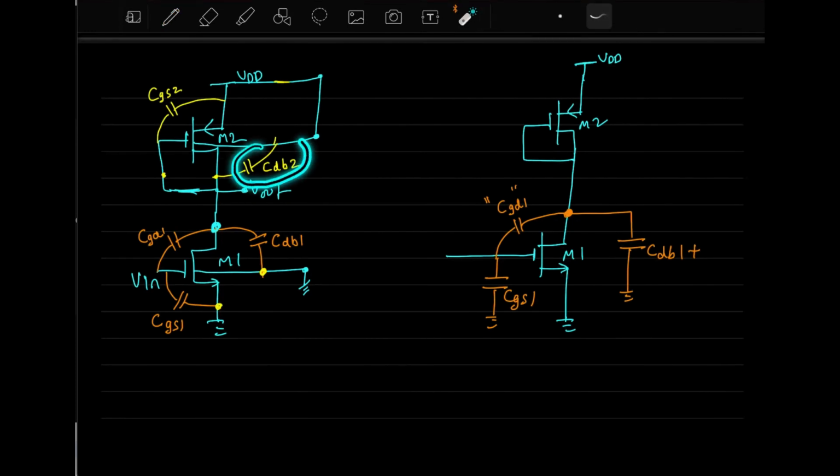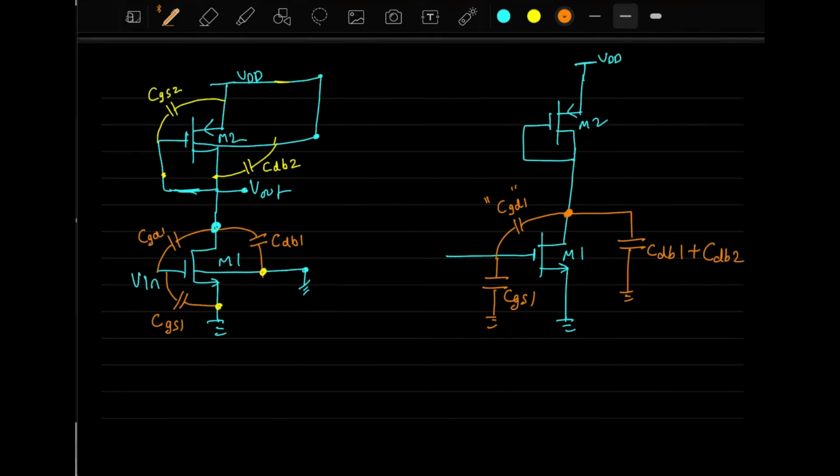It is connected to CDB2. Yes, it is connected to the drain point, so we can bring it down because this is also grounded in small signal equivalents. So we can connect this capacitor to the ground. That's why we can write it as CDB2.